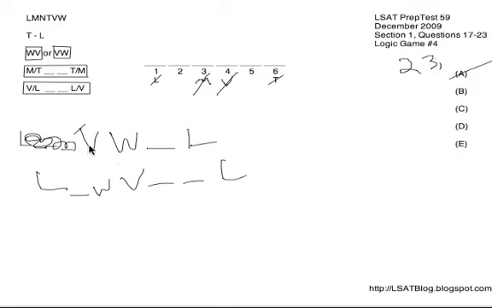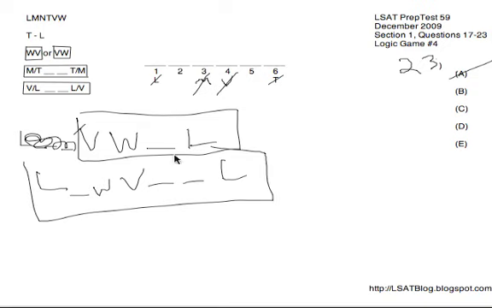So actually, it is the other way around, W space L like this, or one of these two, either LW space V with a cutoff there or cutoff here. Either way, we see that in none of these circumstances is W ever going to touch L. Therefore, we know it's impossible, and B is our answer for 23.